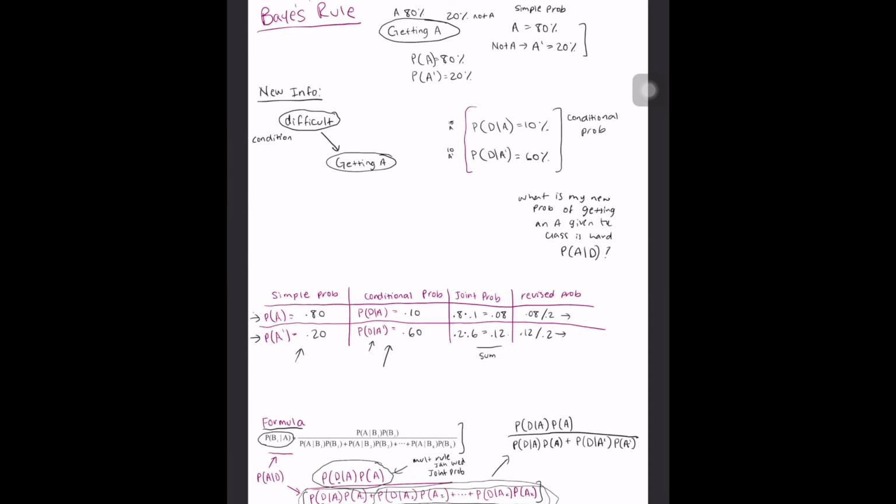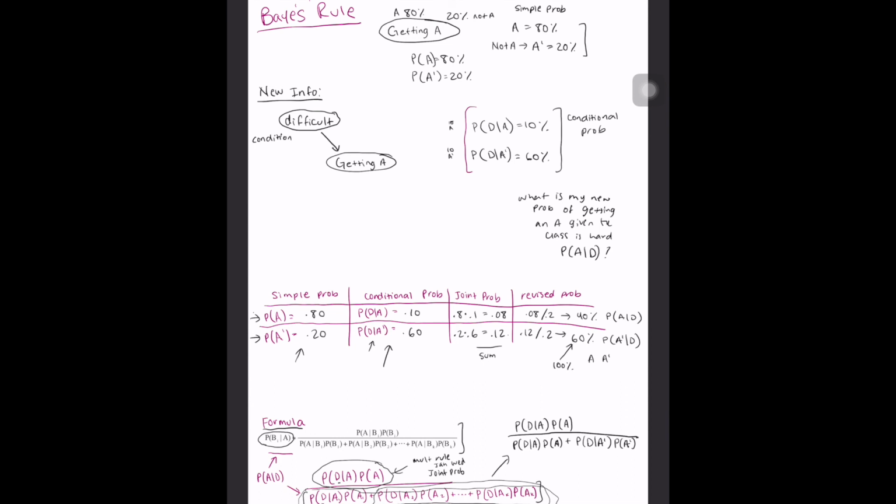Now we have our two revised probabilities. Here's your 40% chance of getting an A given the class is difficult, and then this calculates to 60% probability of not getting an A, given that the class is difficult. And because A and A prime are complements of each other, these two probabilities will equal 100.